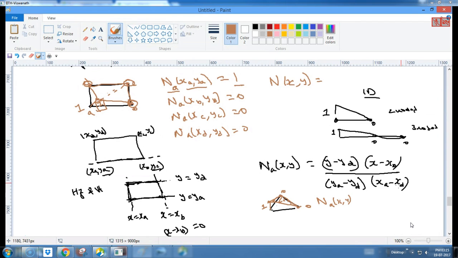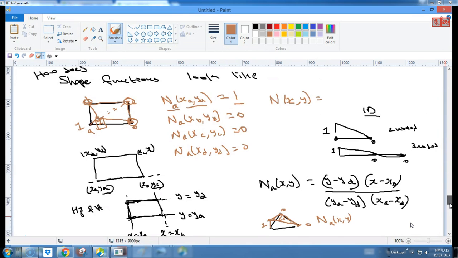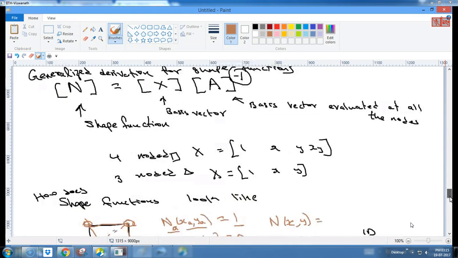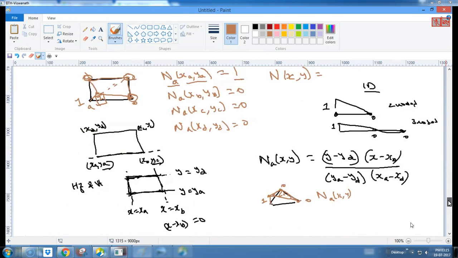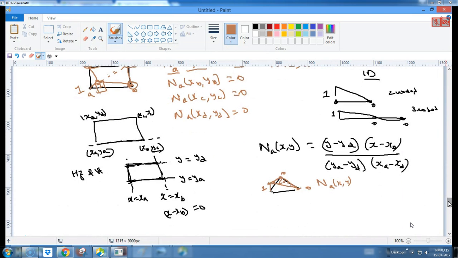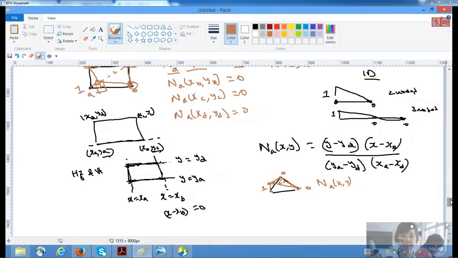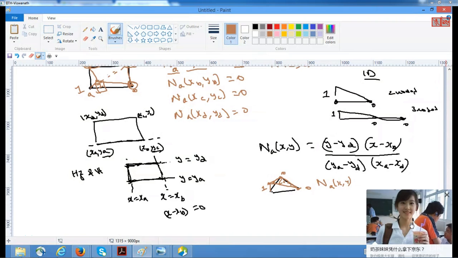You can derive the same thing exactly using the standard derivation. These cheap tricks many books give you are for a simpler understanding of how the shape functions look, but I would suggest you always go back and use the basis function and inversion at all nodes as your standard way to derive your shape function.